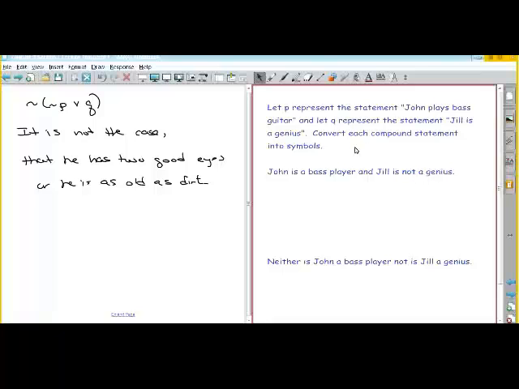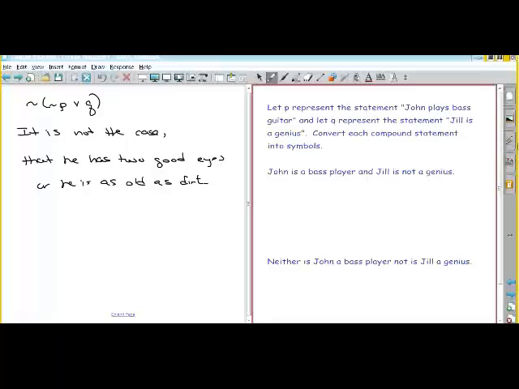And then you go the other direction. You have a statement, and you have to rewrite it in some symbolic form. So we have the two statements written out again, and here are the words. Basically all you have to do is determine whether the part of the compound statement is the original statement, then it's just the letter, or if it's the negation of the statement, then you put a little tilde in front of it. So this first one is, John is a bass player.